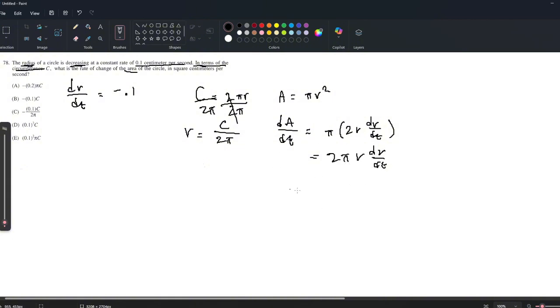Now we can substitute everything. dr over dt equals negative 0.1, and r equals c over 2 pi. So 2 pi times c over 2 pi times negative 0.1. The 2 pi's cancel out, so it's negative 0.1 times c. We look at our answer choices, and B is our answer.